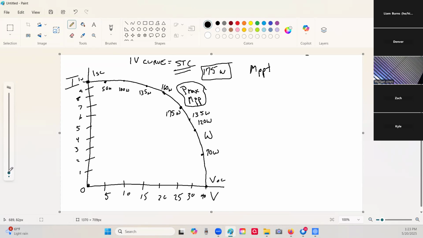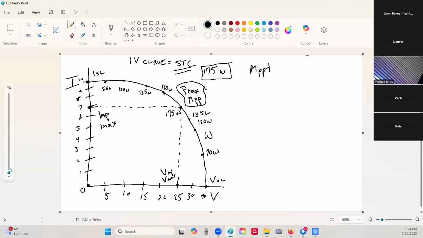Well, when it's producing at the maximum power point, there is a voltage associated with that, and there is an amperage associated with that. The amperage is called the IMP or the Imax, and the voltage is the VMP or the Vmax.